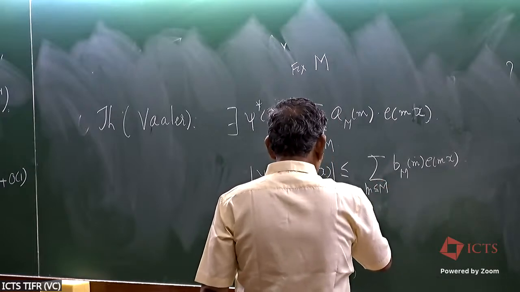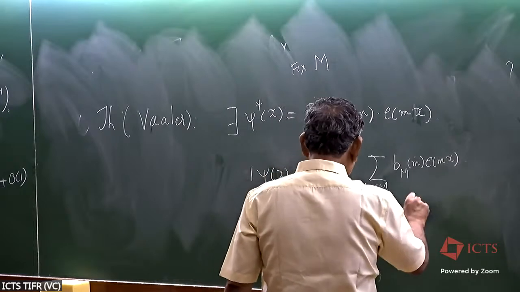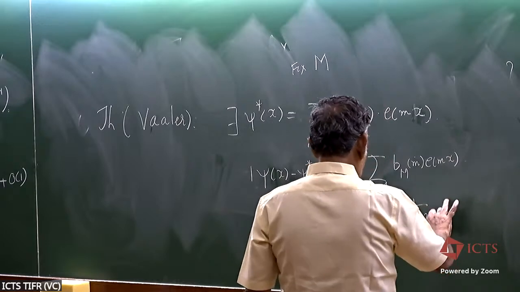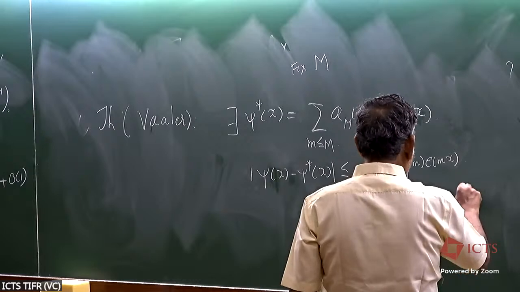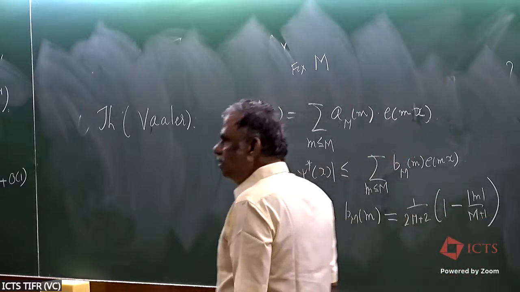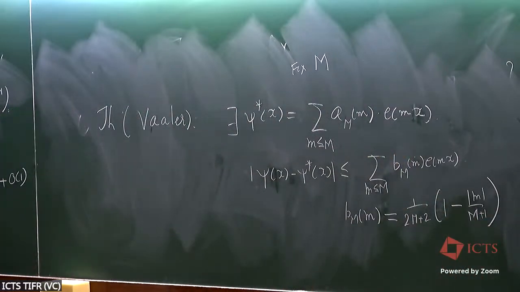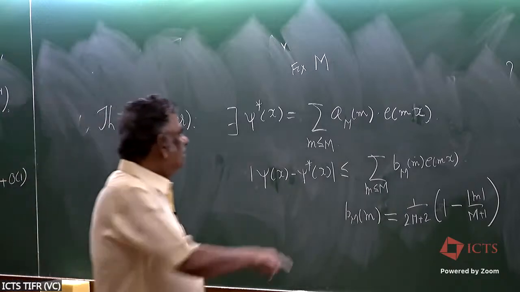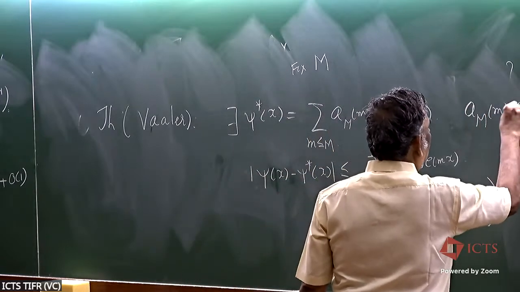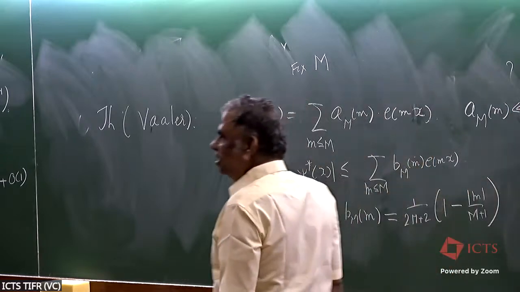This b_m(m) is explicitly given as 1 over 2m plus 2 times 1 minus mod m by m plus 1. This is known as a Fejer kernel, non-negative, and it has some nice, interesting properties. Further, these a_m will not be 1 over m, but in any case a_m of m will be less than 1 over m, which is good enough for your purpose.